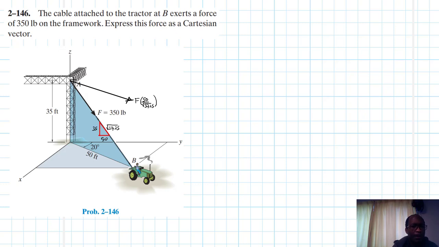Okay, and then let's now map the components. We are going to have one component in this direction like so, and then we'll have another component in this direction like so.